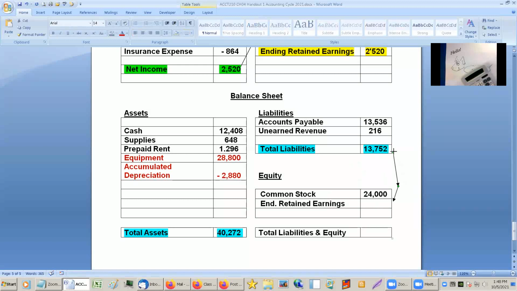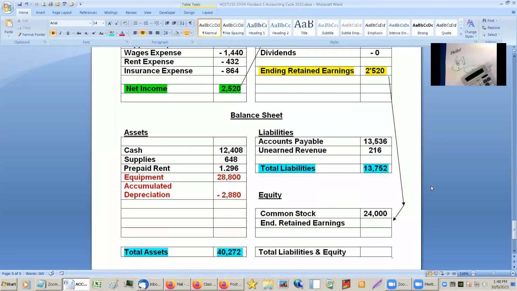Is not that. Hey, it balances, all right.